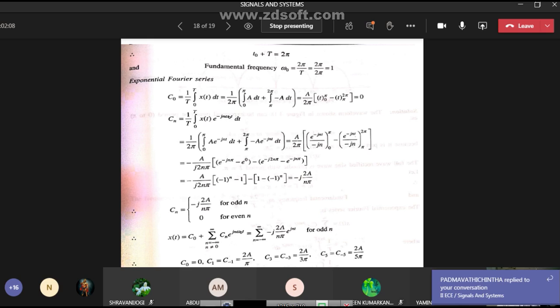So integral 0 to π. Here we have separated the integration into two terms because this value x of t is not constant for all the time. From 0 to π there is plus a, from π to 2π there is minus a, so we separated it like this. I hope you are clear, you must know writing integration this way. Okay, C0 is 1/T integral 0 to T x of t dt.